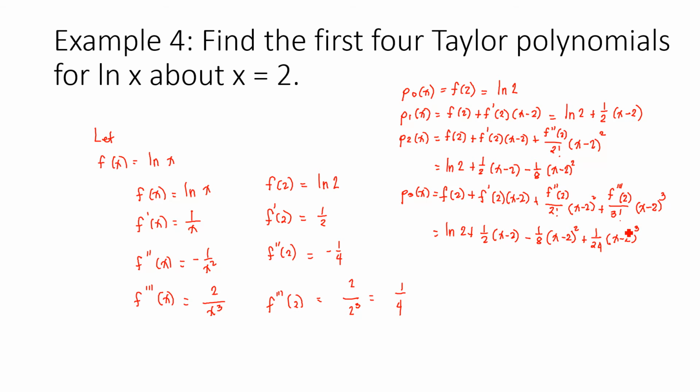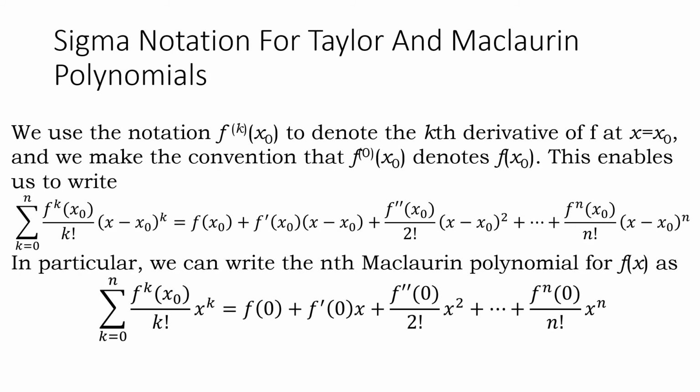Okay, so let's have the sigma notation for Taylor and Maclaurin polynomials. Frequently, we want to express the previous formula in sigma notation. To do this, we use the notation f raised to the kth, the kth derivative of f at x equals x sub 0.